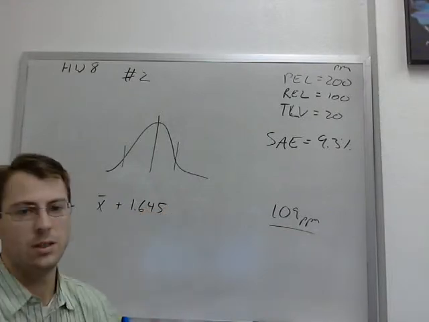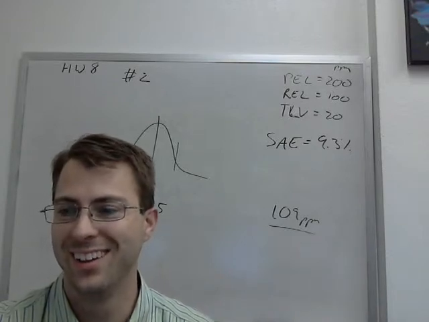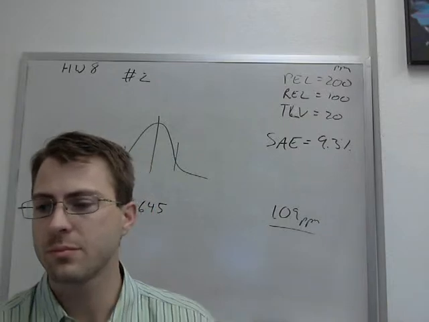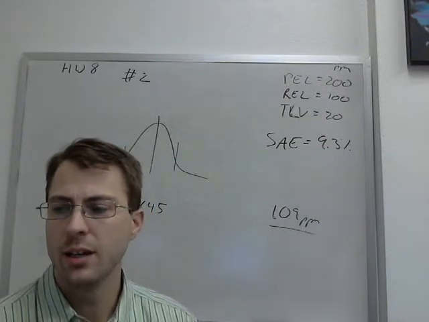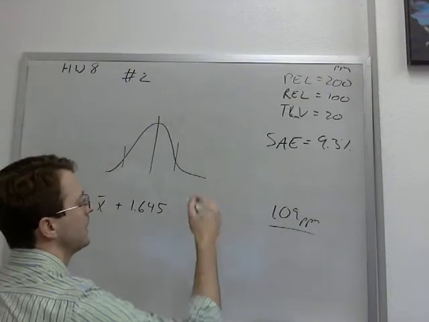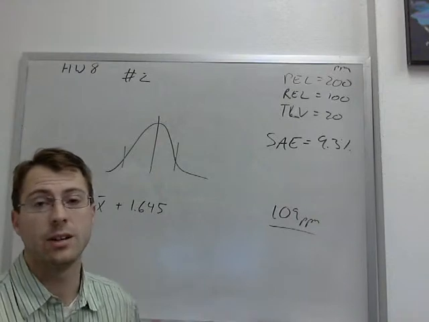Wait a minute. Make sure I'm doing that. Let me reference my skill set here. I don't want to tell you guys wrong. Yeah. 1.645 standard errors. And so in this case, the simple thing that we're doing right now is we're just using the sampling and analytical error.